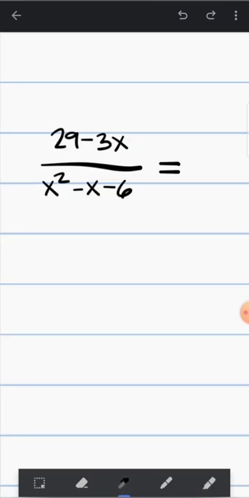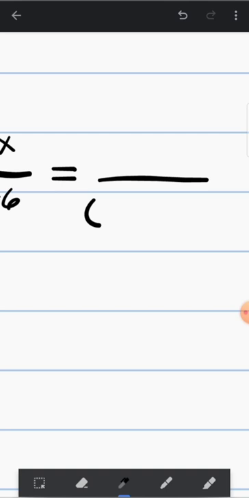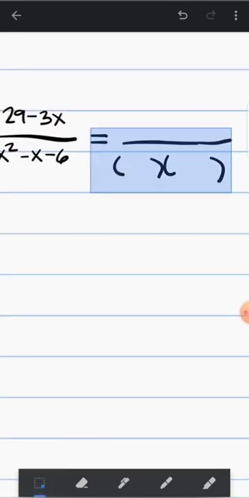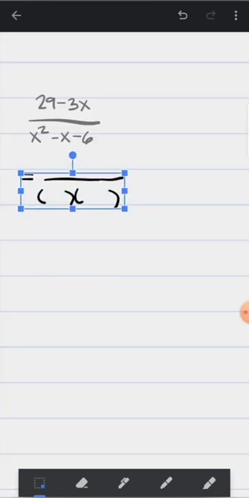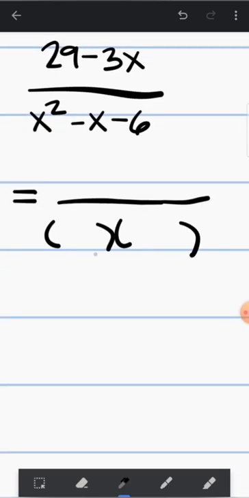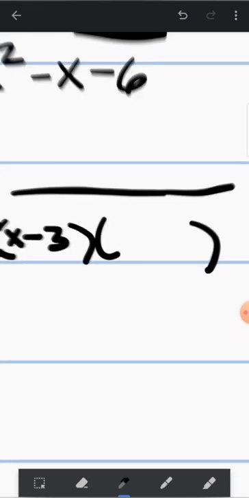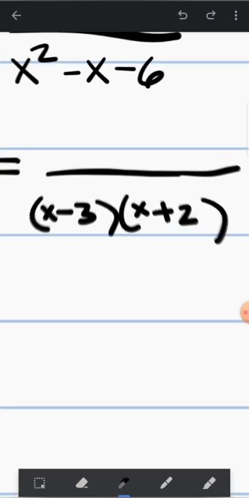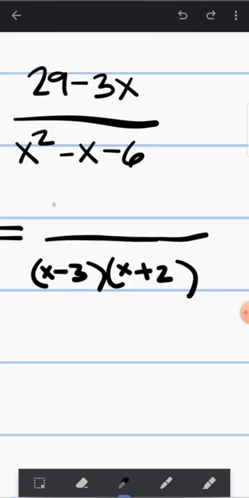So to get the factors, we need to find two numbers that when multiplied together will give us -6, and when added will give us -1. So it turns out that those numbers are -3 and +2. So the factors then will be x minus 3 and x plus 2. -3 times 2 is -6 and -3 plus 2 is -1. Alright? And then we just copy the denominator.